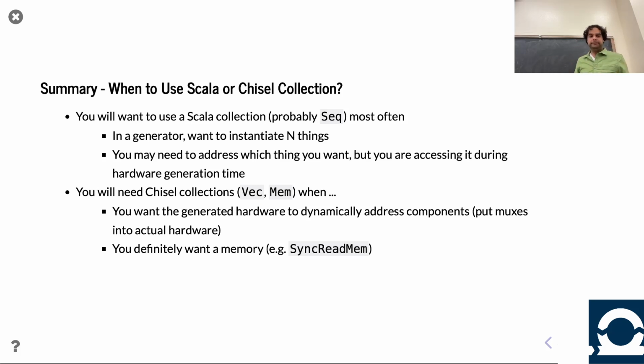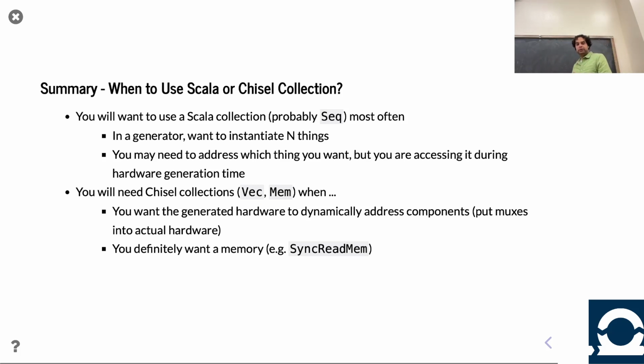So when it boils down to it, more often than not, you're going to use a Scala collection, probably a Seq. In other words, you need n things in your hardware and you want a way to access them: a Seq. And it doesn't mean you can't access them by index. It's just a question of when you're using the indexing. If you're using indexing during generation time, Scala collections like a Seq work.